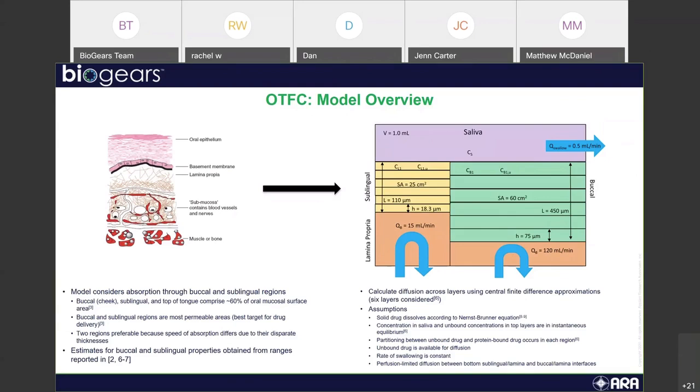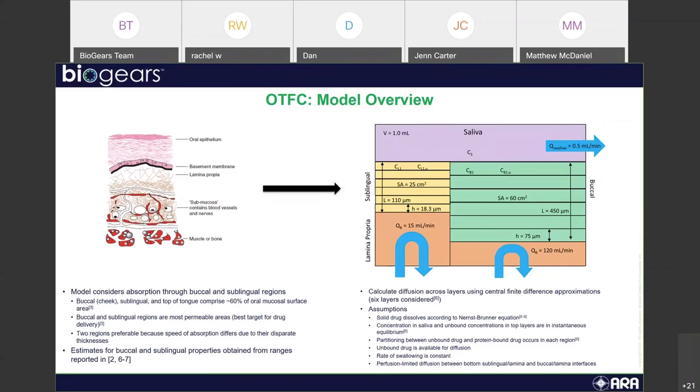We assume that all the drug in the saliva is in instant equilibrium with the top layer of each of those areas. Then it diffuses downwards towards the basement layer called the lamina propria. We have blood flow rates to those areas, and the rate of blood flow determines how much drug is absorbed and enters circulation.